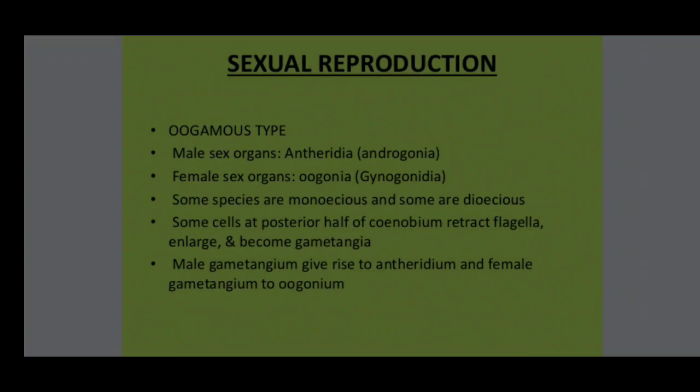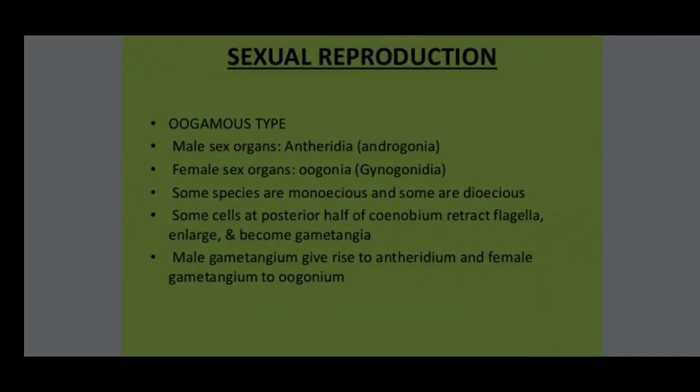In Volvox, the male sex organ is called antheridia or androgonidia. The female sex organ is called oogonia or gynogonidia. So these are the words in Volvox: antheridia, oogonia, also called androgonidia, gynogonidia.